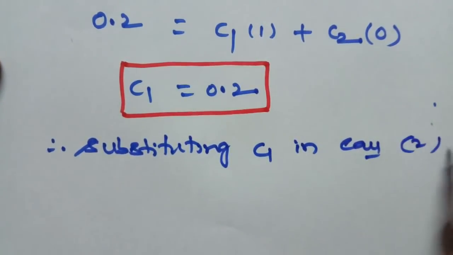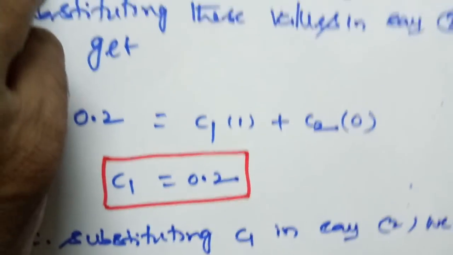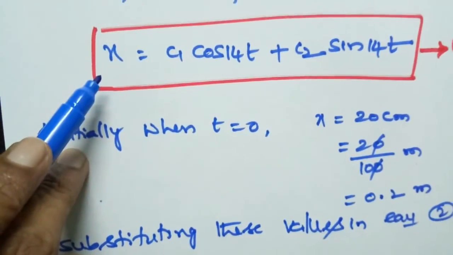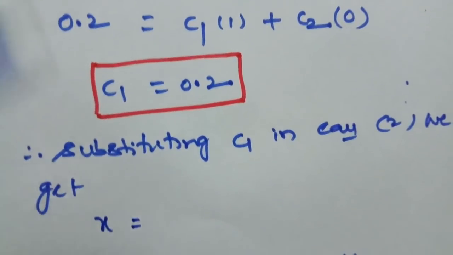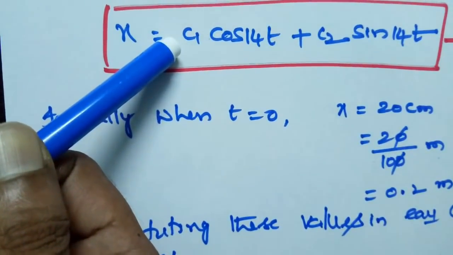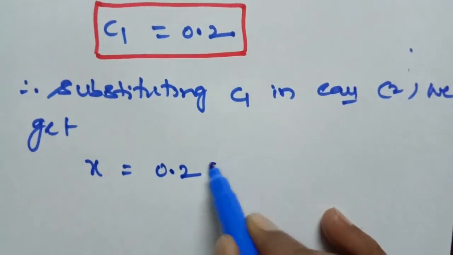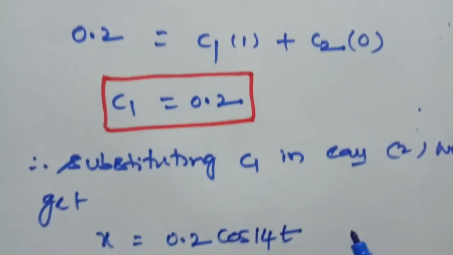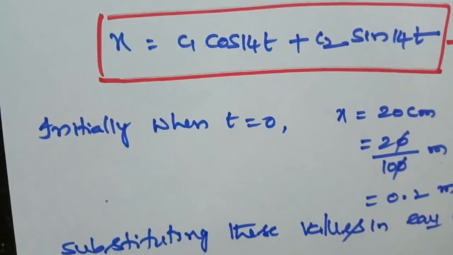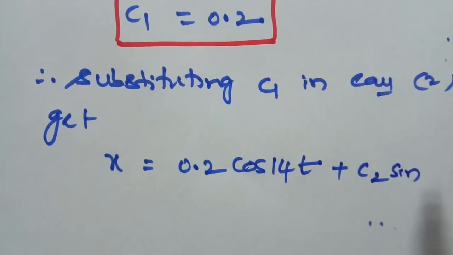In equation 2, we get x is equal to c1 cos 14t, c1 value is 0.2, cos 14t, plus c2 into sin 14t.